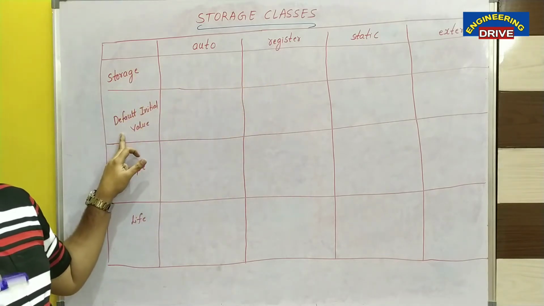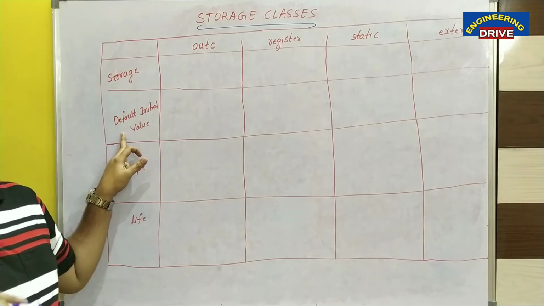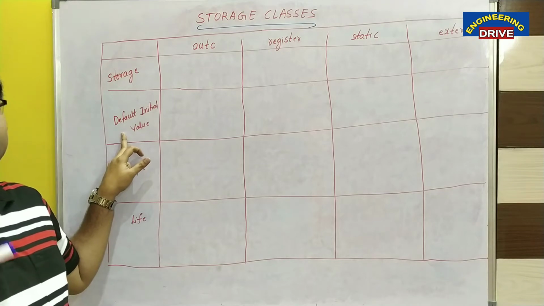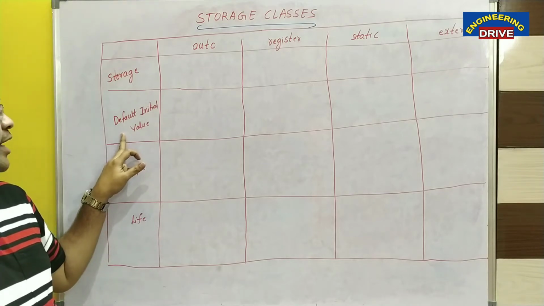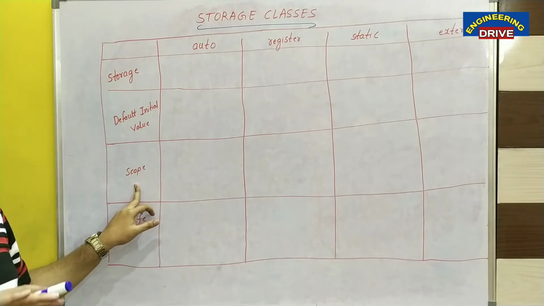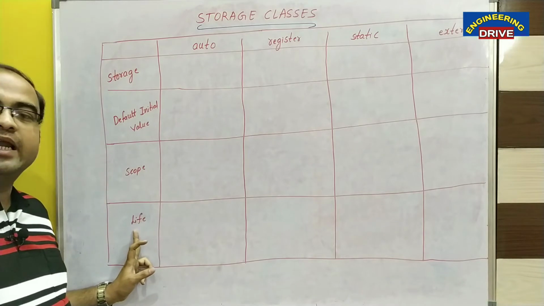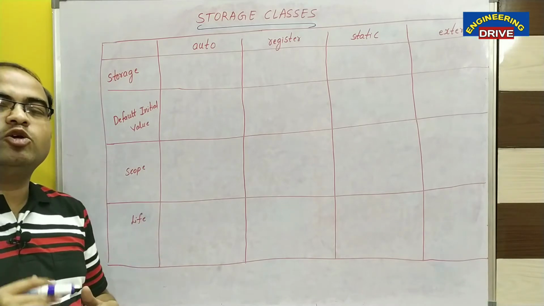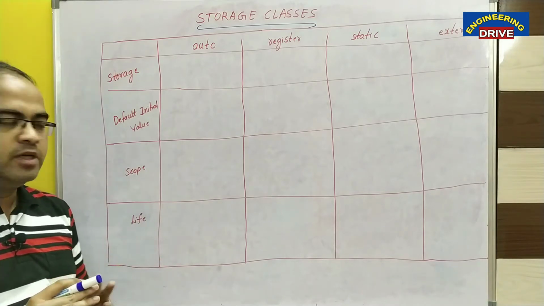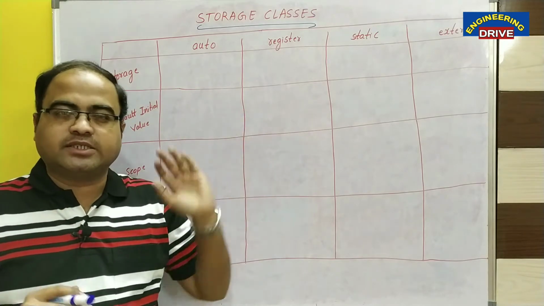Second, what is the default initial value of the variable, that is, if we don't initialize the variable, which value our computer will take. Third, scope of the variable: up to what area the variable will be visible in the program. And then the life of the variable: how long the value of the variable exists in a program.